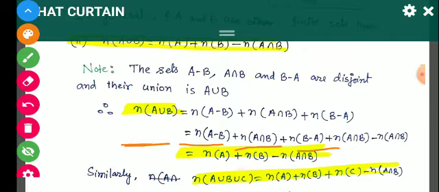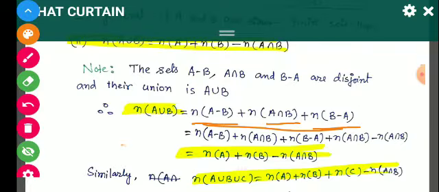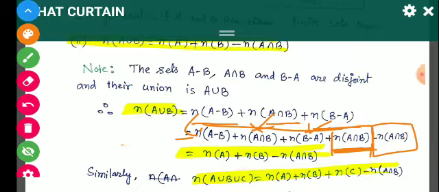So students, we can write this in another way, with A minus B as it is written here, and A intersection B also as it is written, and B minus A also written, and the number of elements of A intersection B we have once added and subtracted.